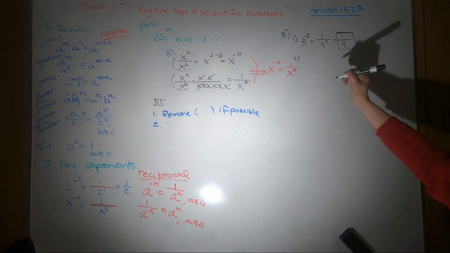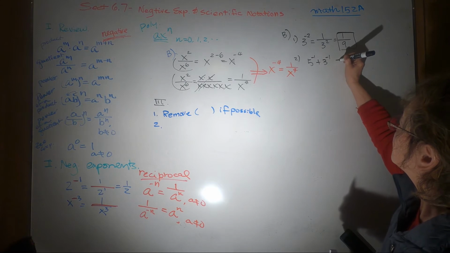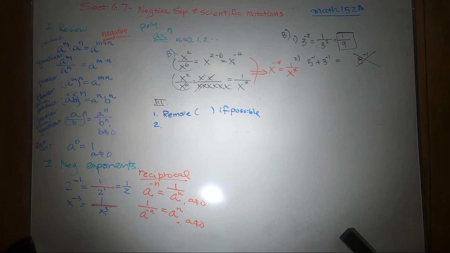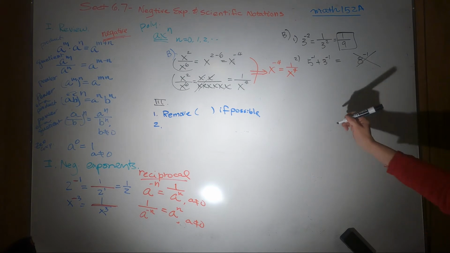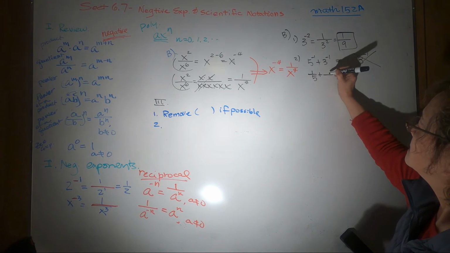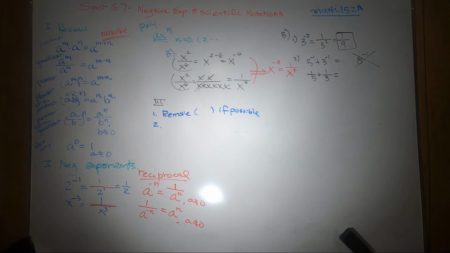Okay. If we have 5 to the negative 1 power plus 3 to the negative 1 power, don't give me this power, right? We didn't say you can just add the bases. When you have negative exponents, you have to do an actual number. So 5 to the negative 1 means what? 1/5. Then 3 to the negative 1 means 1/3, right? Then how do you add the fractions?